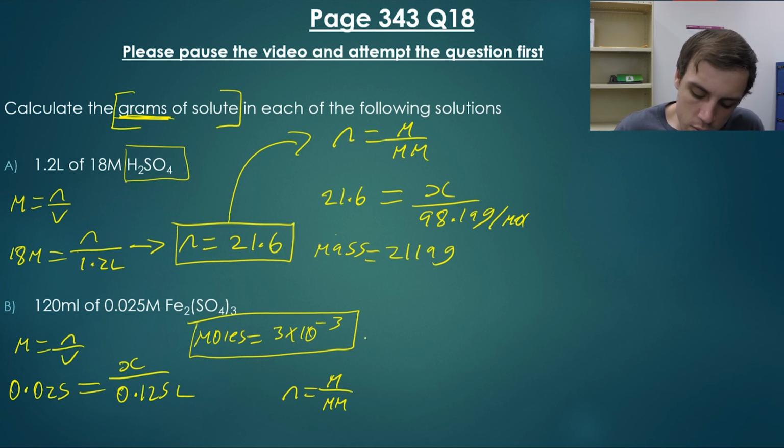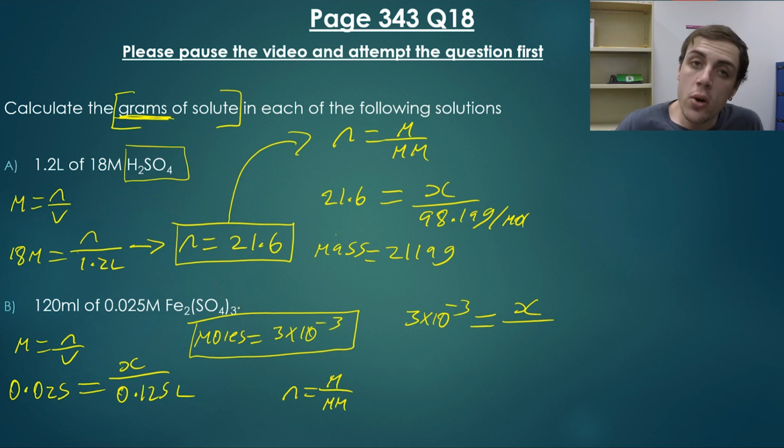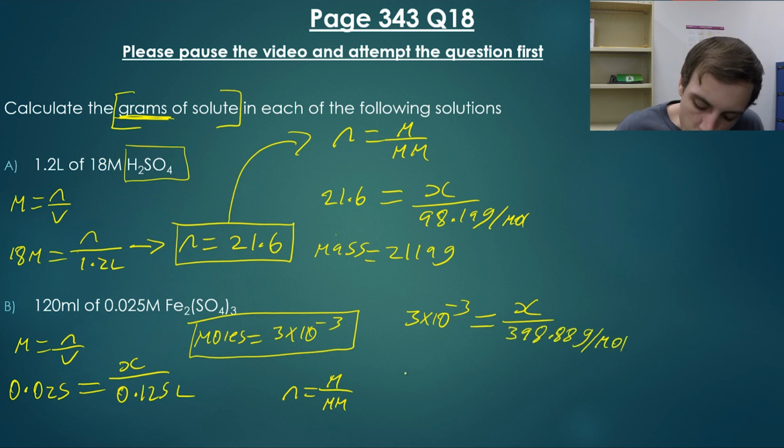So the number of moles, which is 3 times 10 to the minus 3, is equal to the mass, which of course we don't know, over the molar mass. So we have 2 lots of iron, 3 lots of sulfur, and 12 lots of oxygen. So we rearrange this formula and bring this up here. So we've got 398.88 times 3 times 10 to the minus 3. And that will give us 1.2 grams.